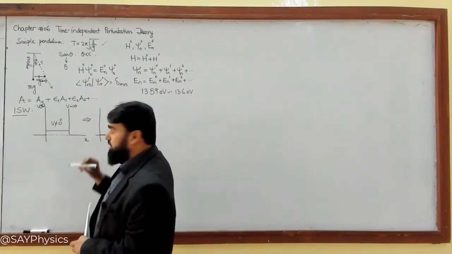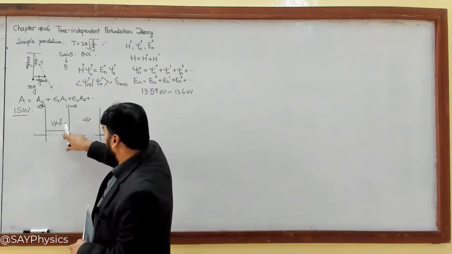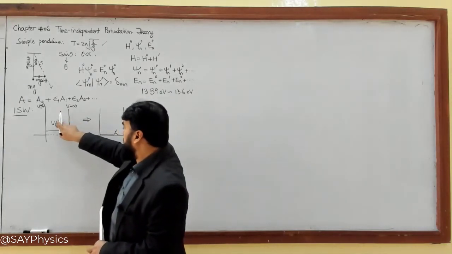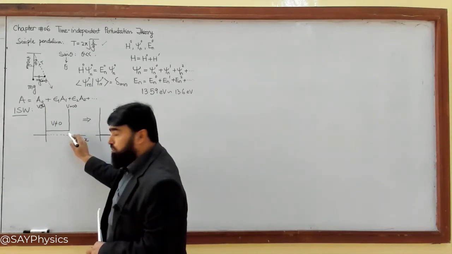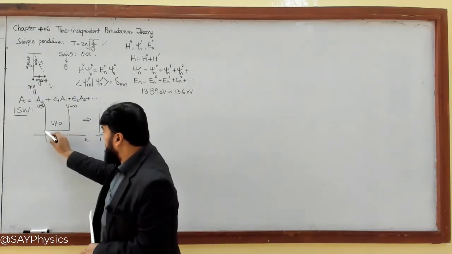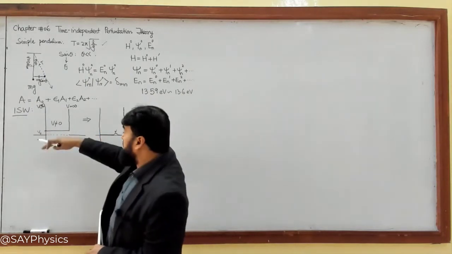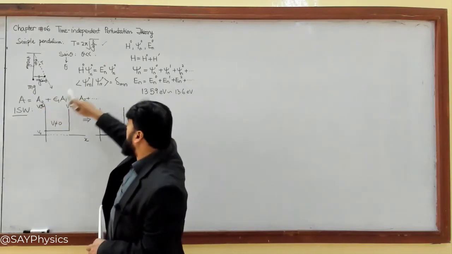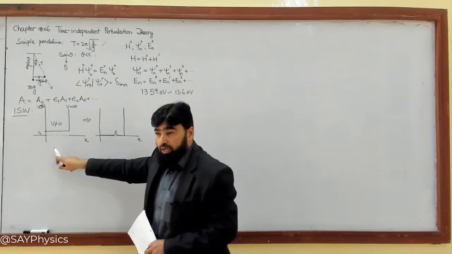This is our axis, and this is our perturbation. Look here, V is not equal to 0. We have raised the potential by this value, let's say this is the V naught value. Now what change will this make on the wave function and on the energy?